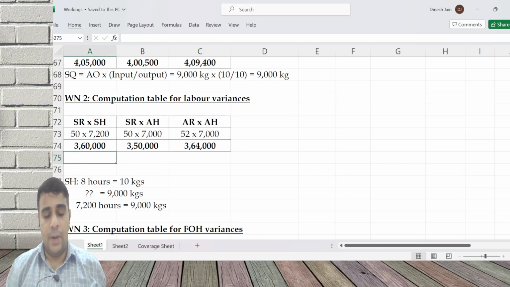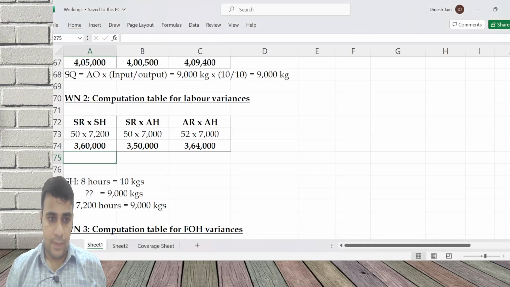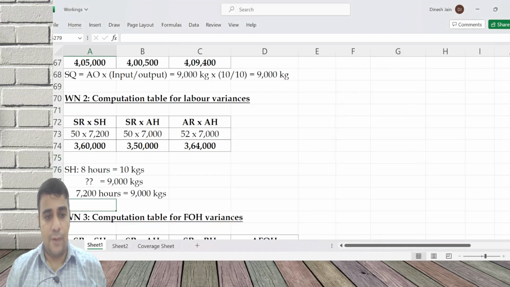This is on your labor variances. The good part of a comprehensive question is you can copy paste the SH and AH for variable overhead.